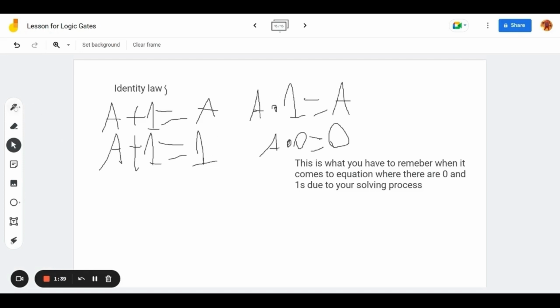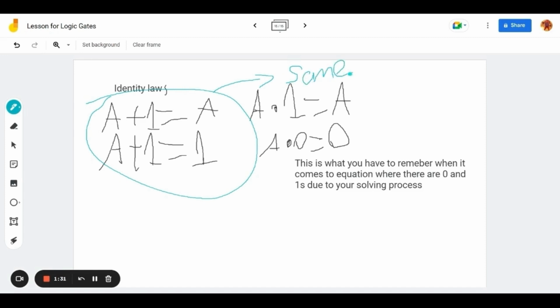As in the first two right here, you can see this is the same. And so this could equal A times 1 equals A. I mean, equals 1 too.